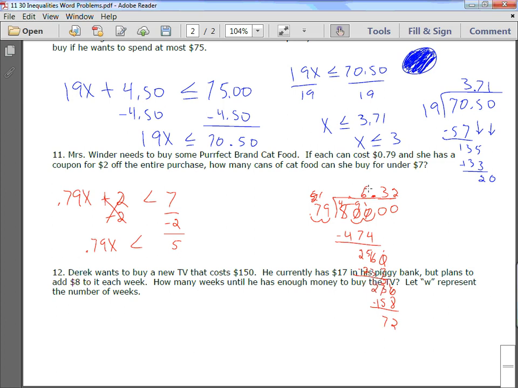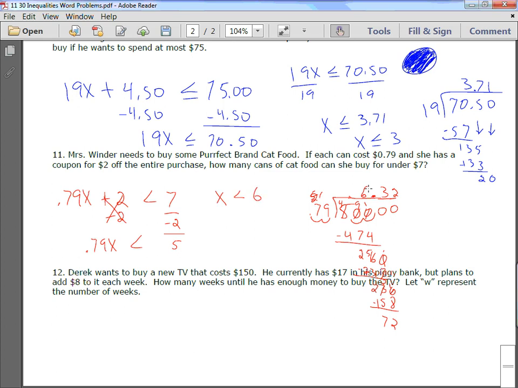So if I buy more than 6 cans, then I'll spend more than $7. So x is less than 6.32.